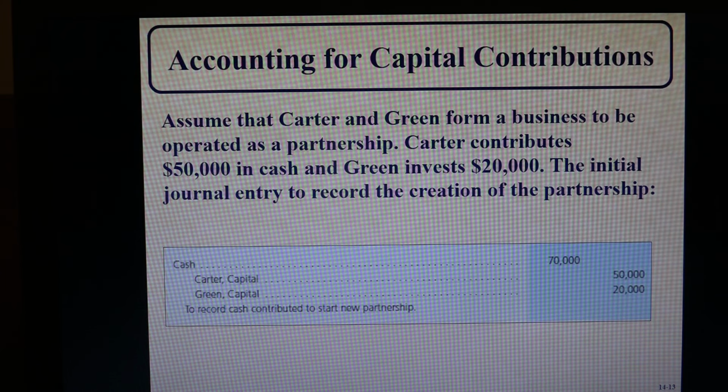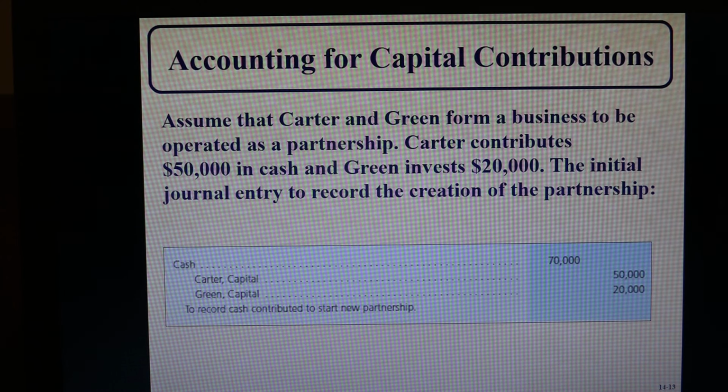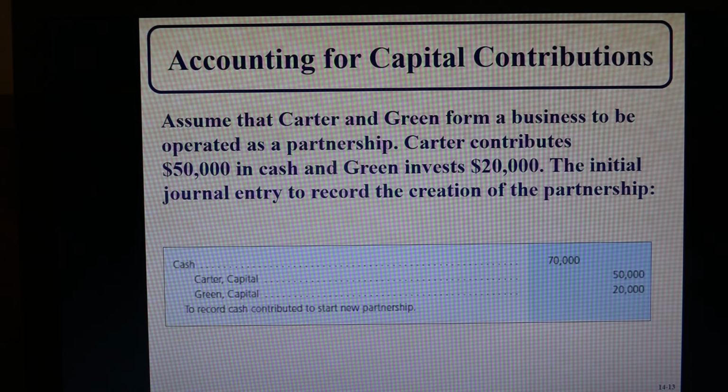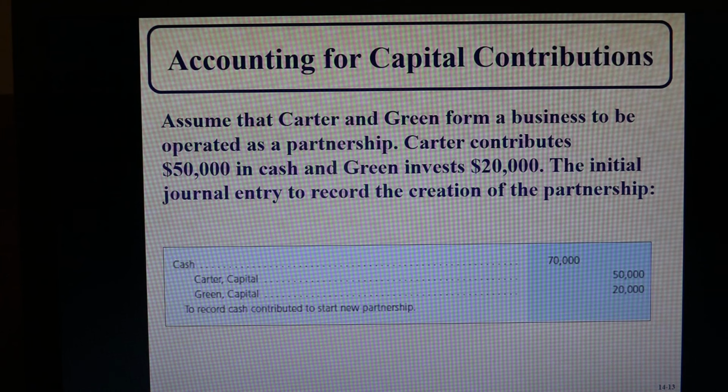As far as the credit is concerned, you're going to credit each particular partner for their capital contribution. So Carter Capital, $50,000. Green Capital, $20,000. Pretty easy, right? No big deal.